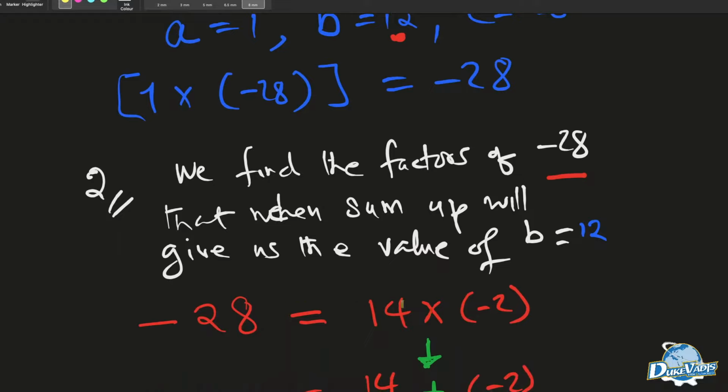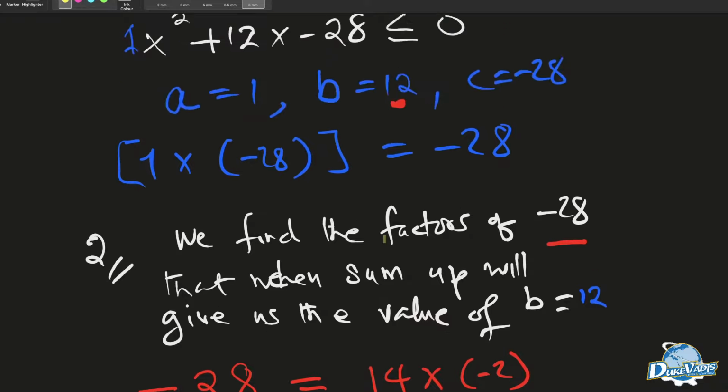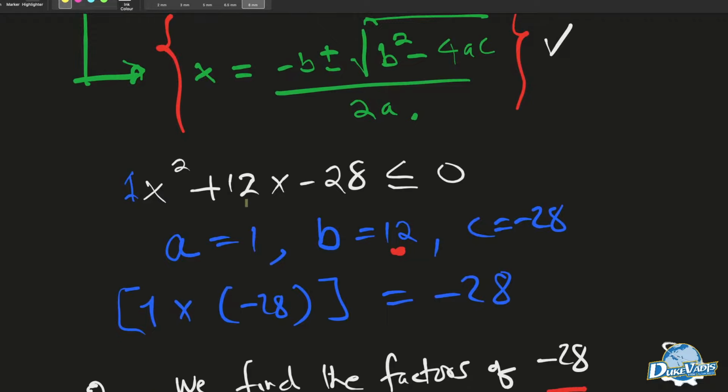And when we change the sign here into an addition sign, this will help us do our test to see the right factors for the quadratic equation. So 14 plus negative 2 will give us 12, so this will be the 12x we saw in the middle of the equation.